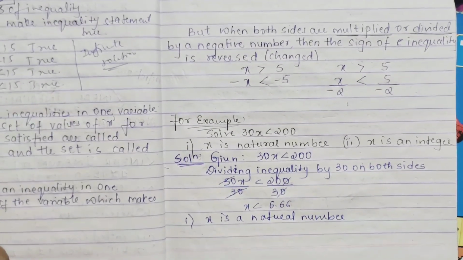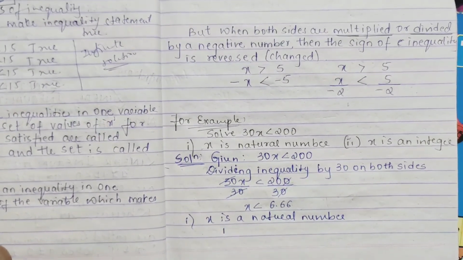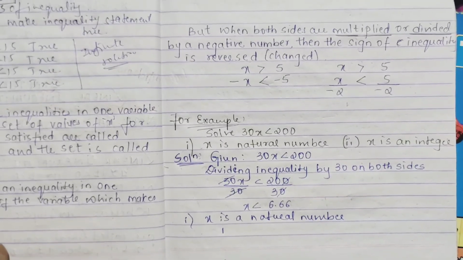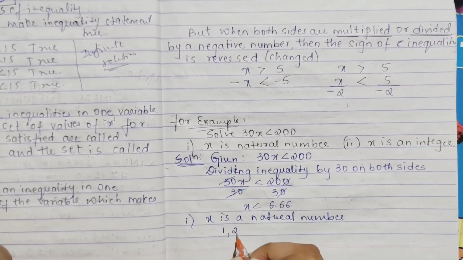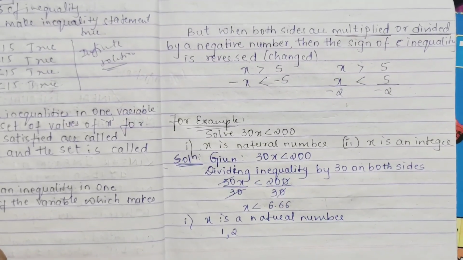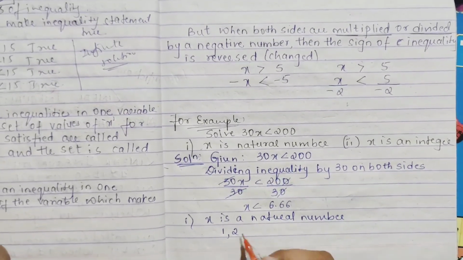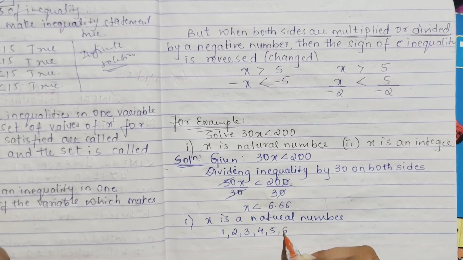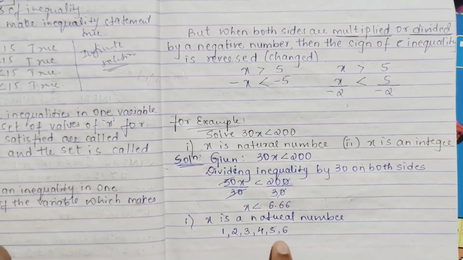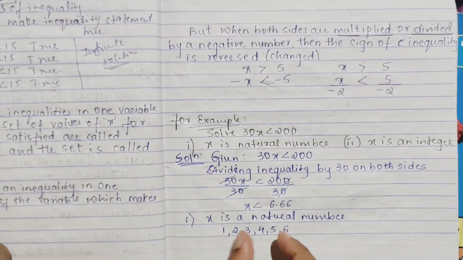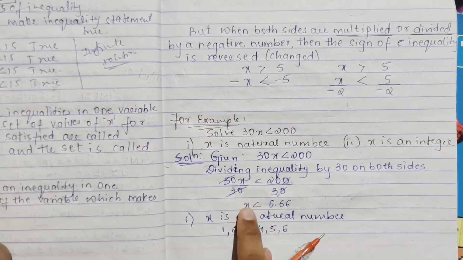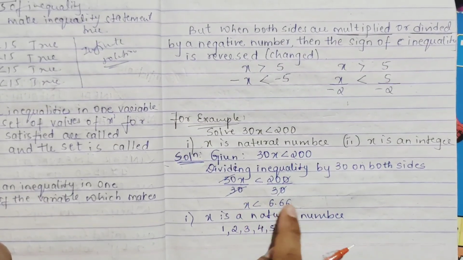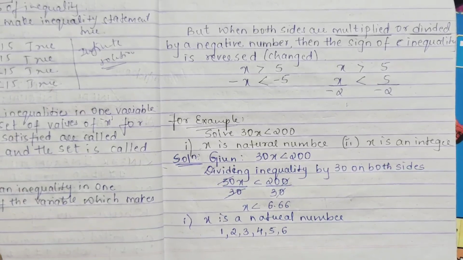So your 1 is less than 6.66, yes. Even your 2 is less than 6.66. Your 3 is also less than 6.66, 4 also, 5 also, up to 6, right? 1, 2, 3, 4, 5, 6. This holds the statement true, right? If I take x as 1, 1 is less than 6.6, yes, 2 also same.